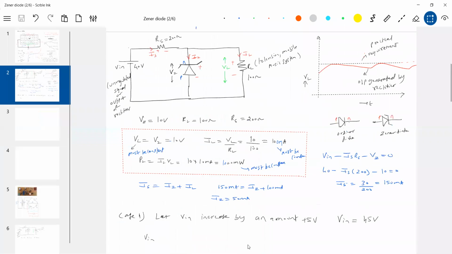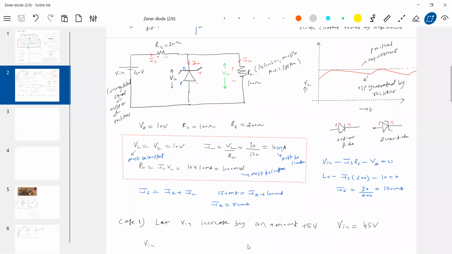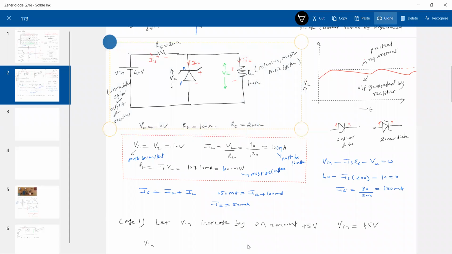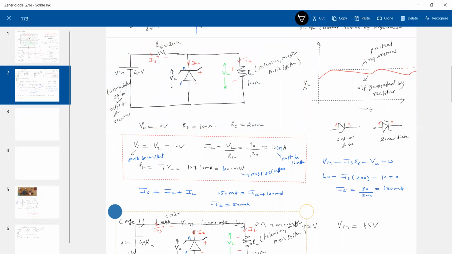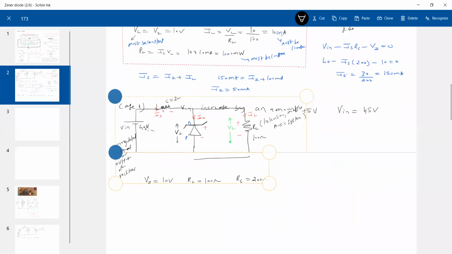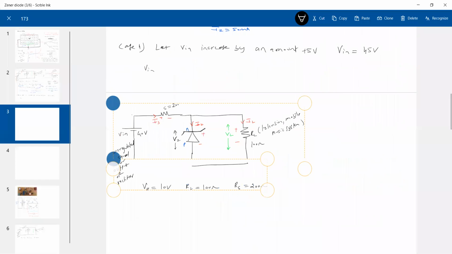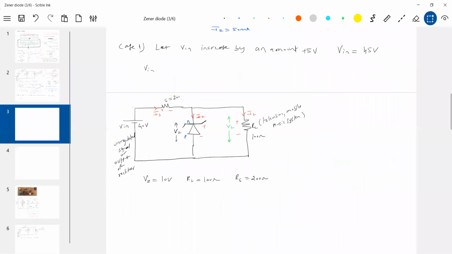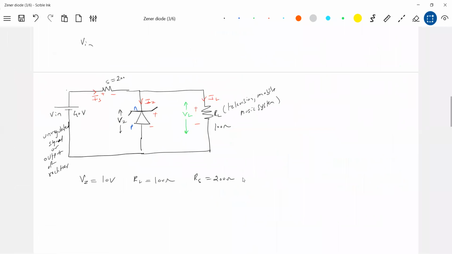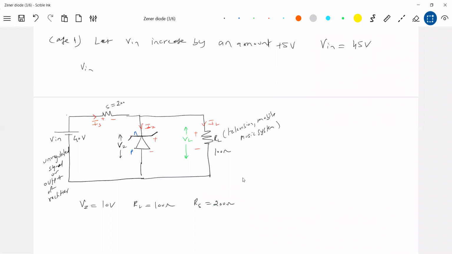Let Vin increase by... let me rearrange this once again. Let's take this case. So what is our case now? Vin increases by an amount.